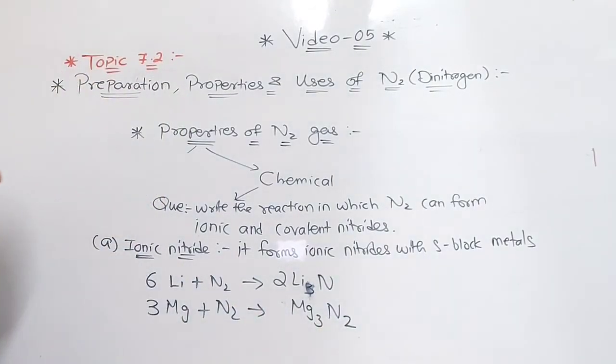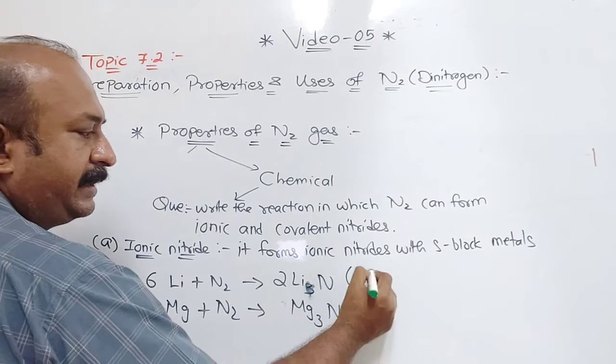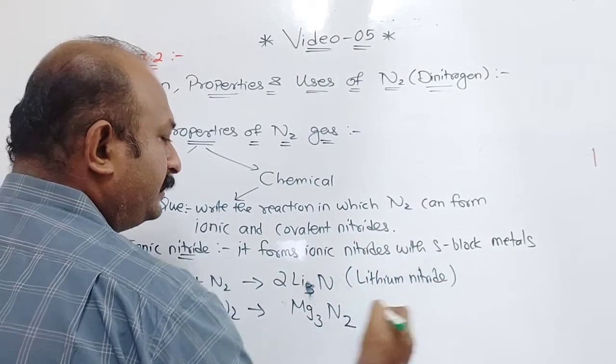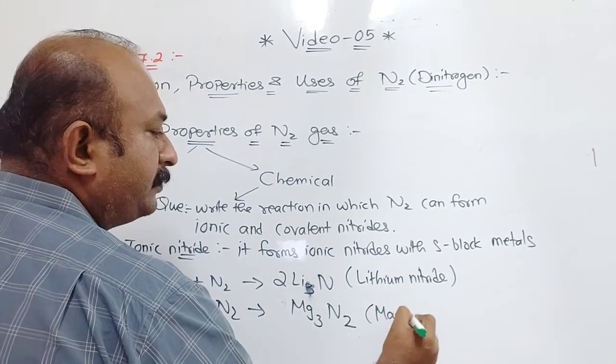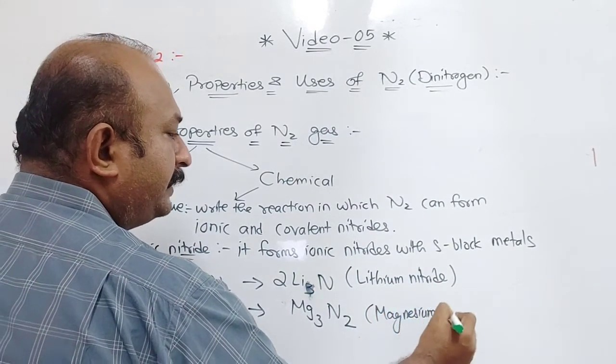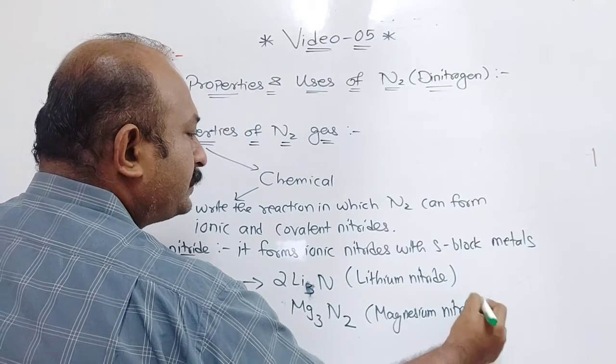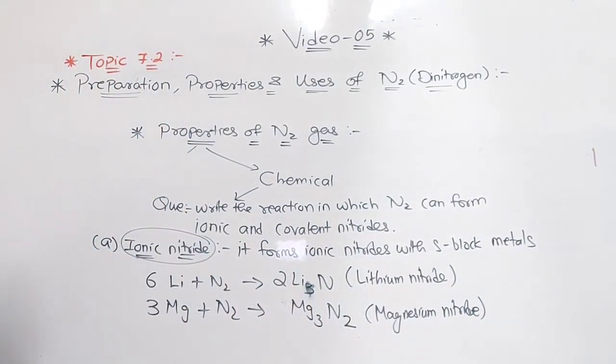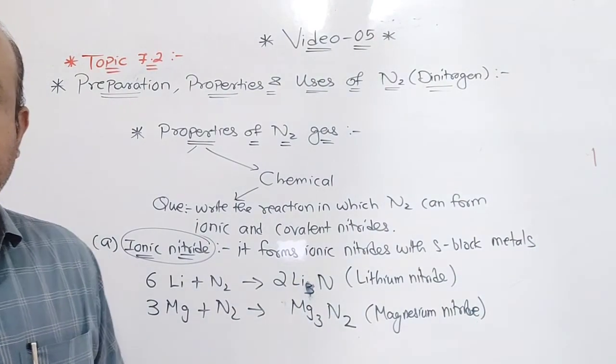Then only it will be balanced. So this is lithium nitride, and this is magnesium nitride. Both of these nitrides are ionic in nature.